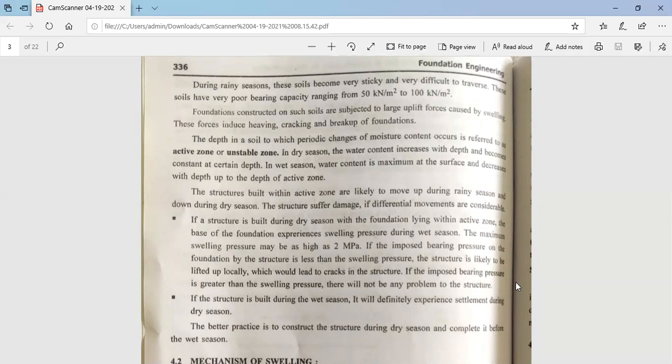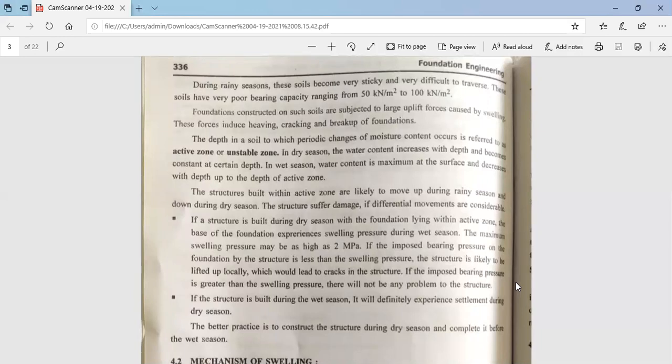If a structure is built during the dry season with the foundation lying within the active zone, the base of the foundation experiences swelling pressure during the wet season, and the maximum swelling pressure may be as high as 2 megapascal. If the imposed bearing pressure on the foundation by the structure is less than the swelling pressure, then the structure is likely to be lifted up locally, which would lead to cracks in the structure.